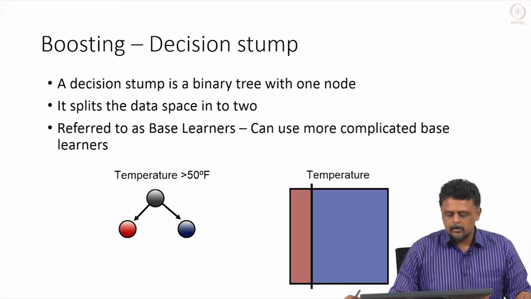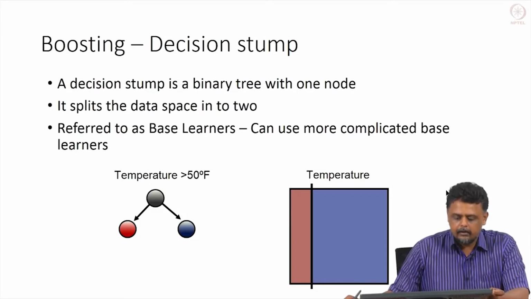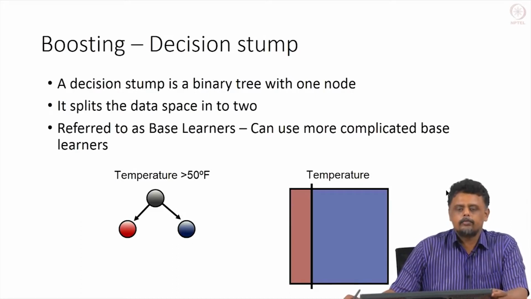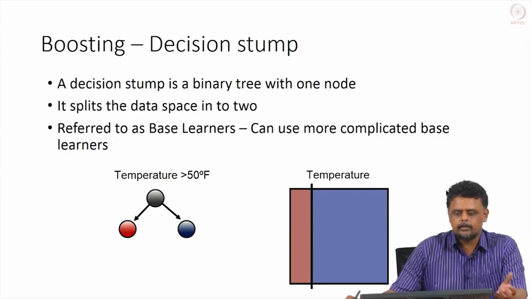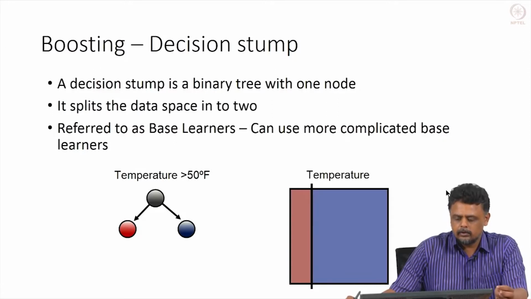Okay, so we will take a brief overview of boosting just to get an understanding of the algorithm. One of the classifiers used in boosting is a decision stump. It is a classification tree with one node, and it splits the data space into two.